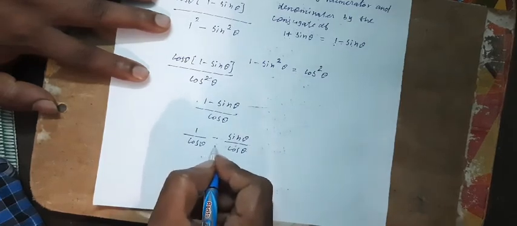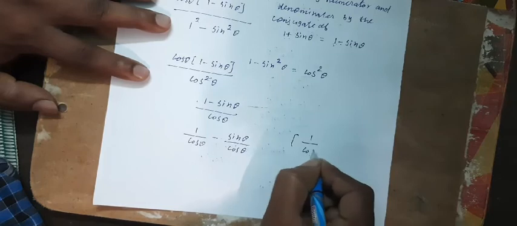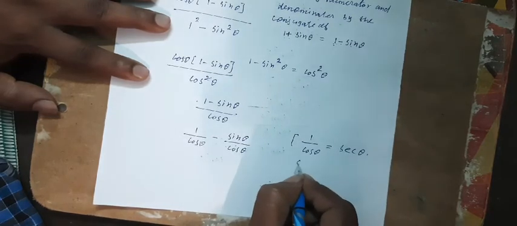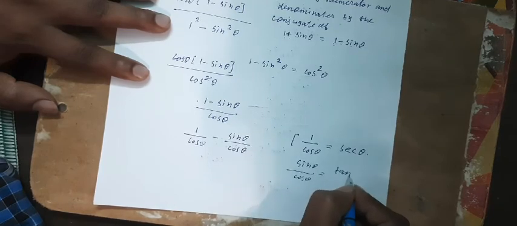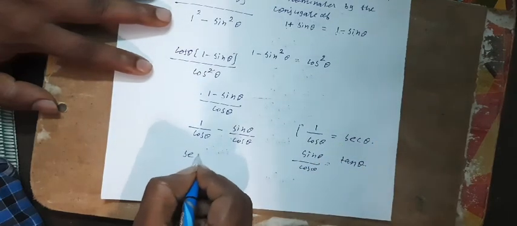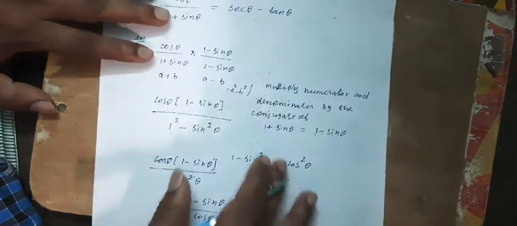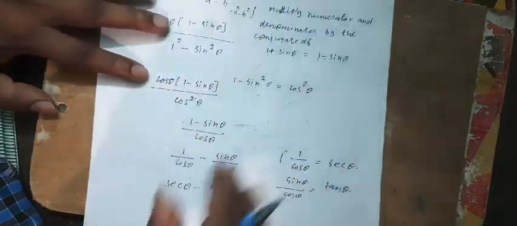The formula: 1 by cos theta is equal to secant theta, and sin theta by cos theta is equal to tan theta. Take and substitute. So you get secant theta minus tan theta. This one only we wanted to prove. Clear? Thank you.